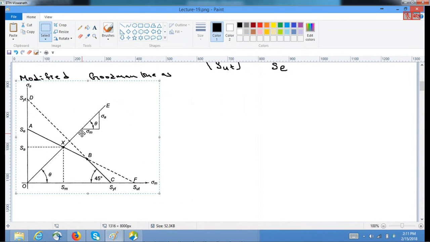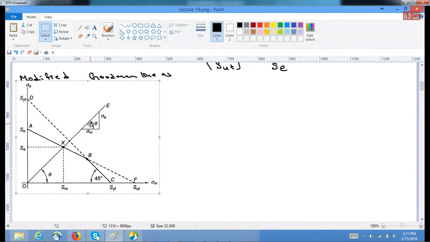So depending upon the ratio of sigma A by sigma M, which gives us theta, if the ratio is not equal to 45 degrees, then you will see that it falls under AB. If it falls under this one, then it is 45 degrees.